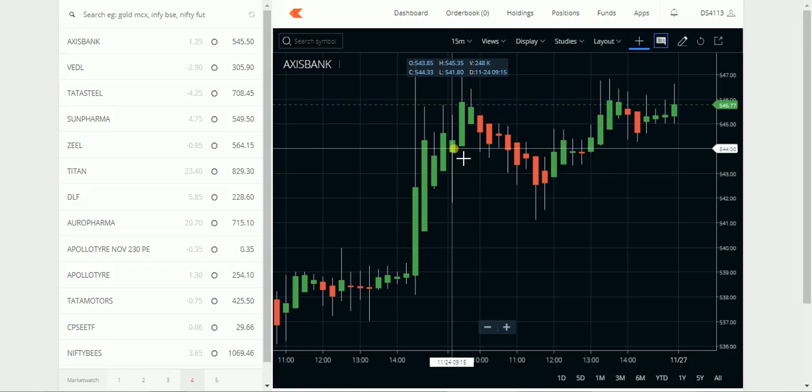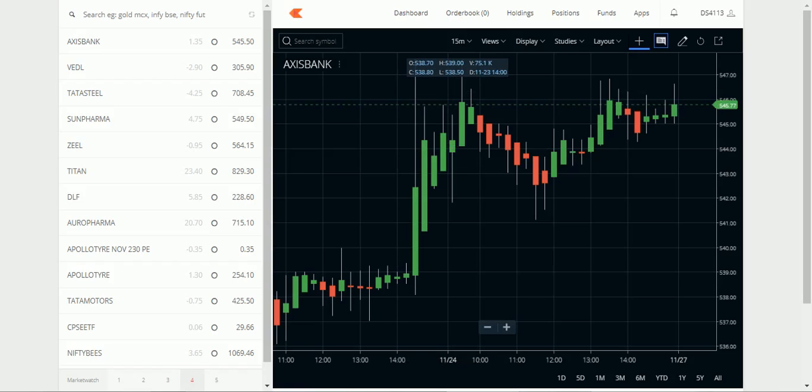With the help of bracket orders, we just give the levels: at what level we are going to buy, at what level we are going to sell, what the target is, that is the profit, and what the stop loss is. We will also discuss trailing stop loss, so that if we get into profit, we always exit with less losses or with good profits. Okay, so let's see that.